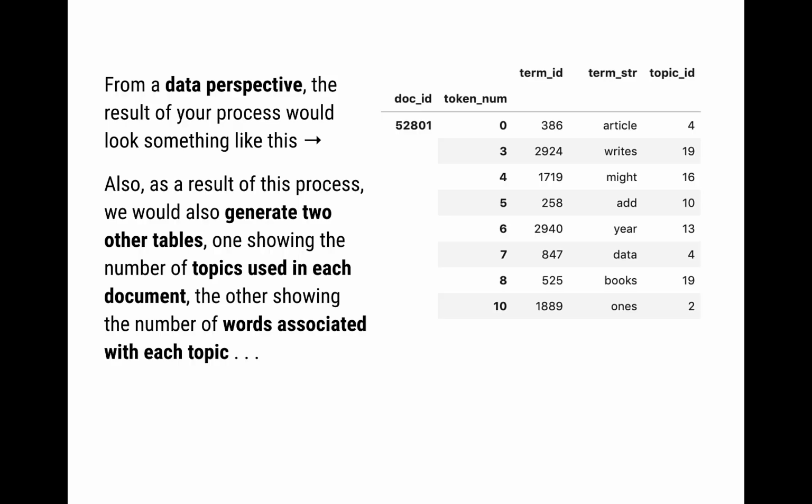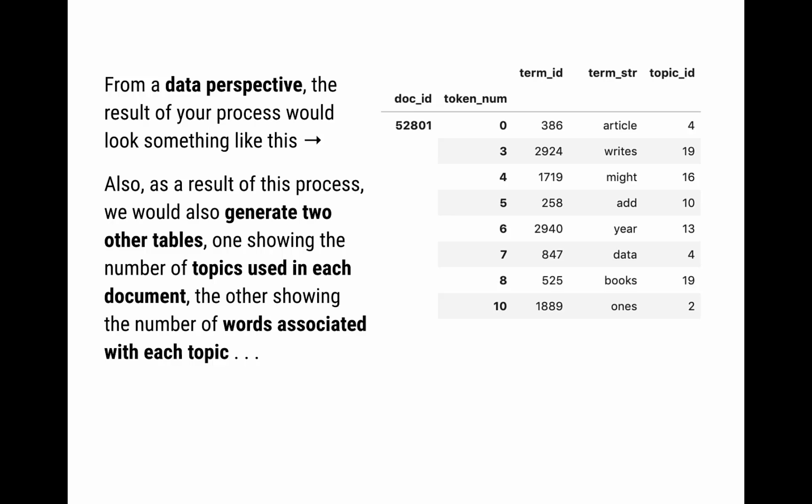Now we can represent that two-step process by abstracting from this table two other tables which represent those decisions. The first decision is about picking a topic from the list of topics, and then the second decision is about picking a word from the list of words in the topic.